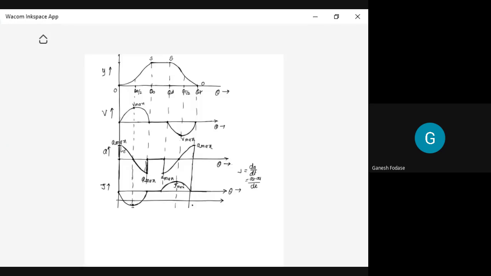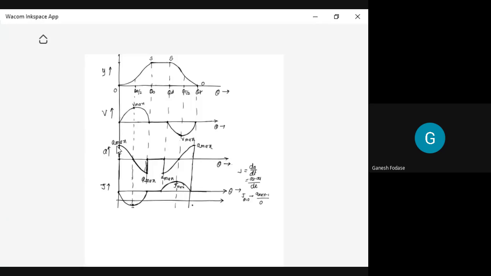At that instant it is changing from 0 to A max. So when I am finding J at theta equal to 0, its value is A max minus 0 upon dt. How much is dt? 0. So 1 upon 0 is infinity.